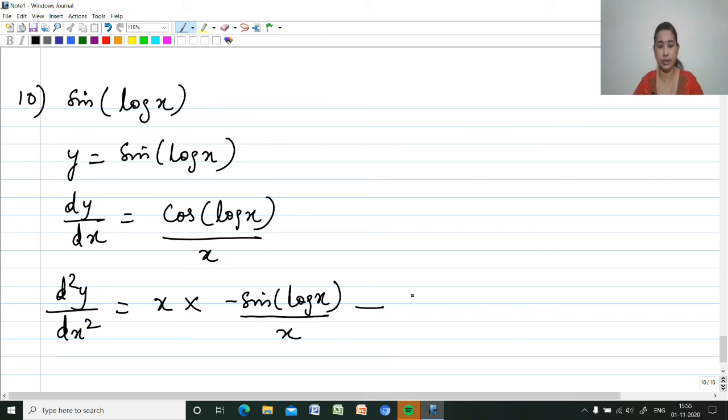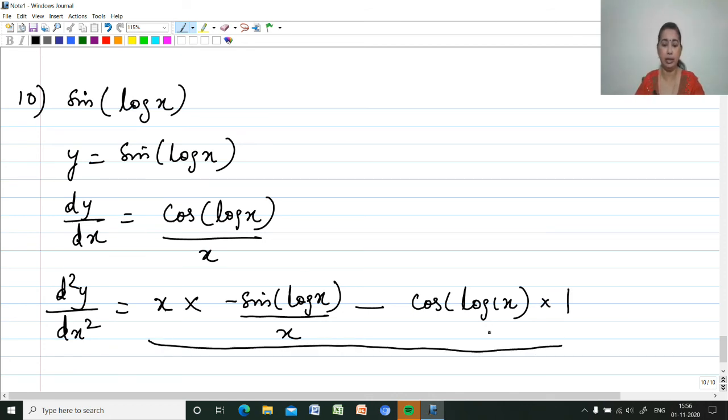Then minus numerator into derivative of denominator, numerator is cos of log x into derivative of denominator is 1, whole divided by denominator square.